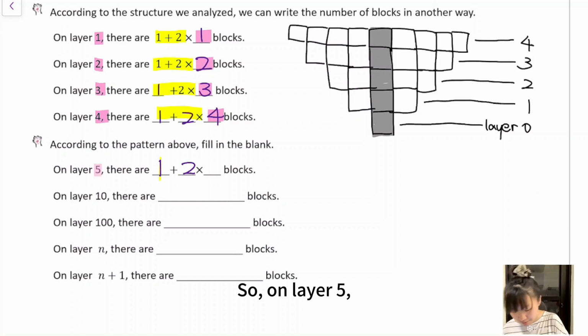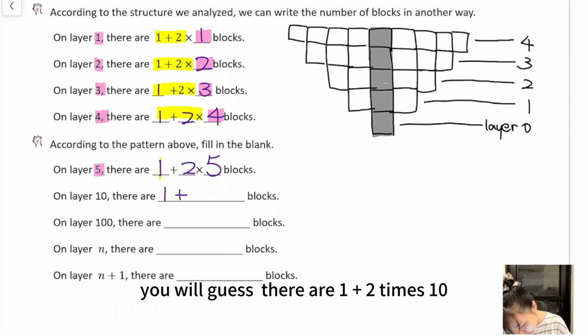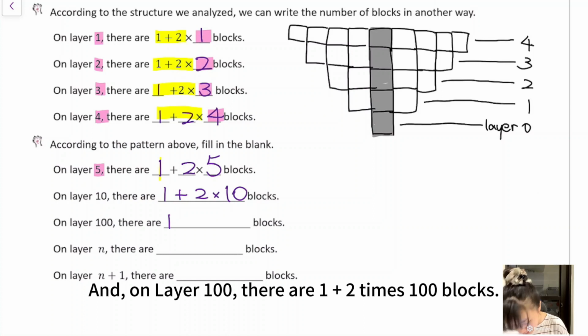So on layer 5, you will guess that there are 1 plus 2 times 5 blocks. And on layer 10, you will guess there are 1 plus 2 times 10. And on layer 100, there are 1 plus 2 times 100 blocks.